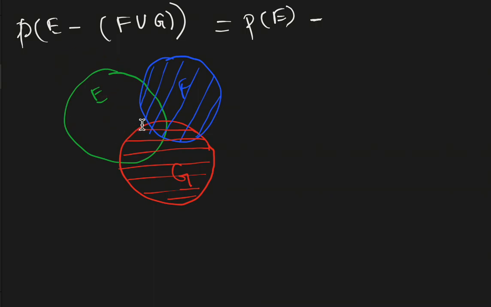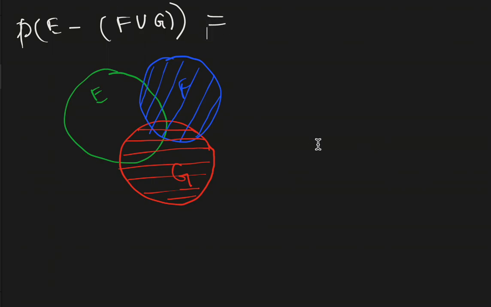Now you see, if I subtract F union G, sorry, I'm getting it wrong.